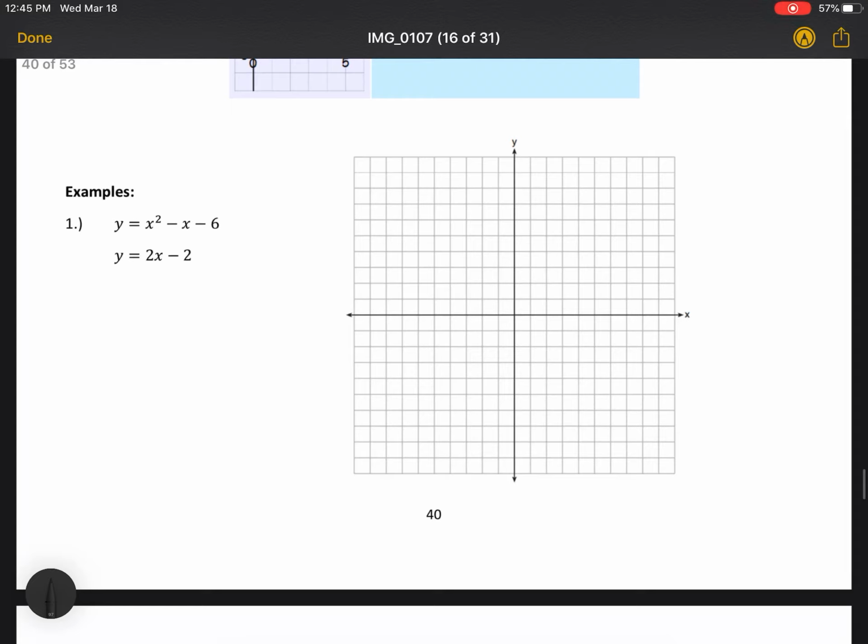Okay, very easy to graph these. All you need to do is plug both of them into your calculator, into your y equals, maybe write out your table and then graph those points. While you're doing that, I'm going to list out my table for the parabola.